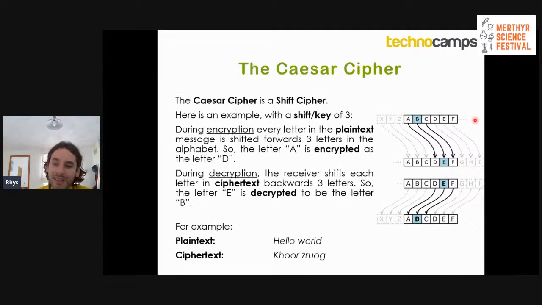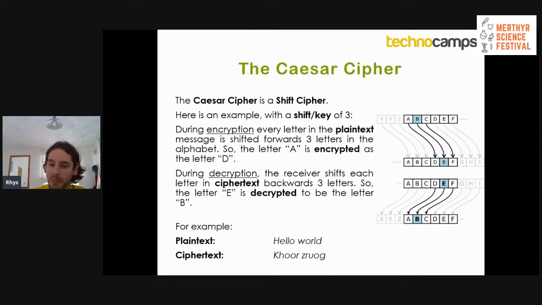Oppositely, if we are decrypting, we would take the letter and shift backwards the number of spaces. So with a key of 3, D would move back 3 spaces and become A, and E would shift back 3 spaces and become B.